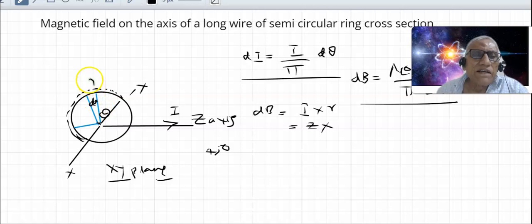This vector, let us say, is R1, and this vector is R2.